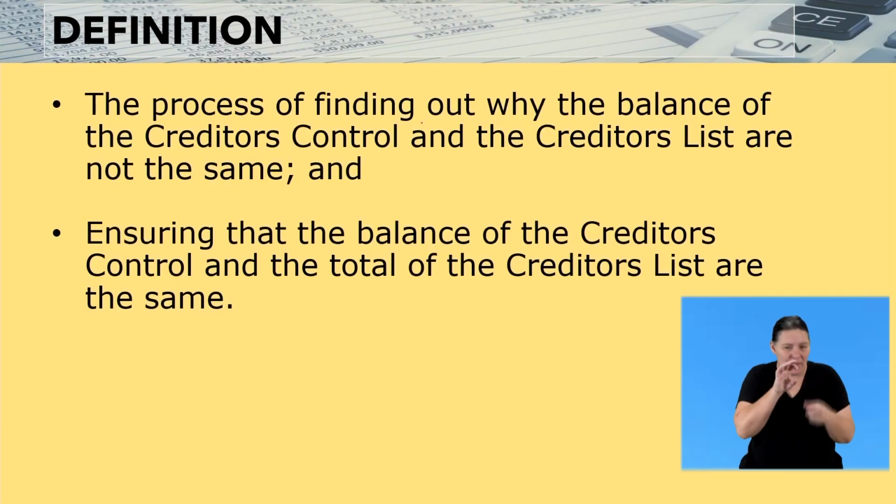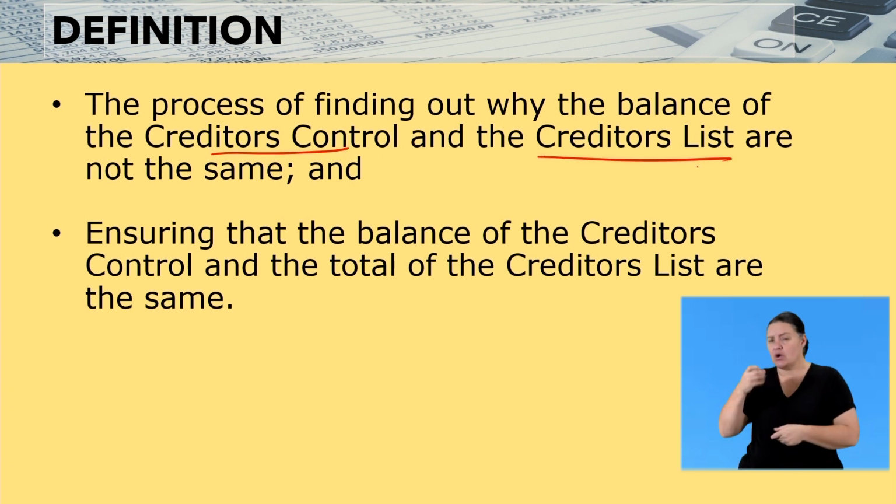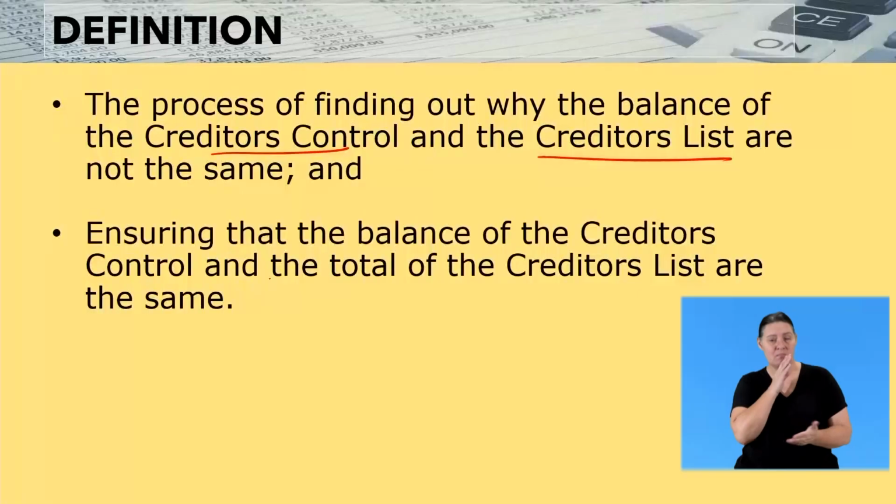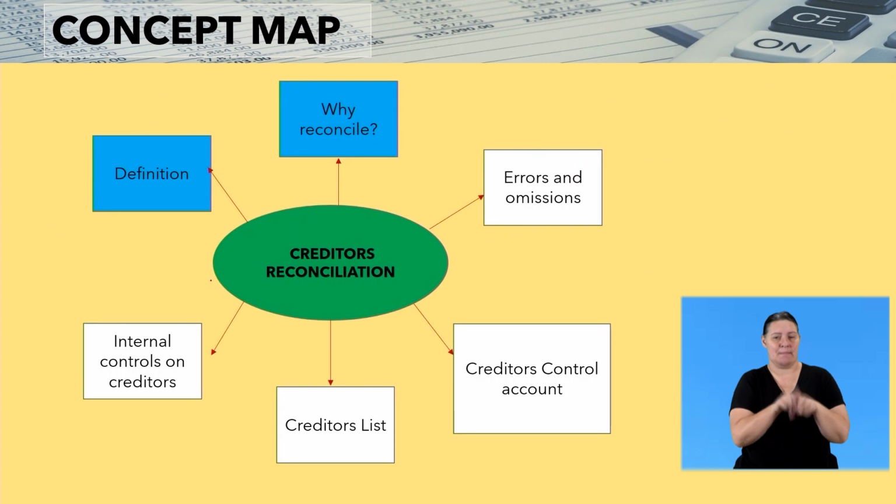The process of finding out why the balance of the creditors control and the creditors list are not the same. So when we discover that the creditors control account and the creditors list don't have the same balance, the process of us now finding out why they are not the same, that is reconciliation. Ensuring that the balance of the creditors control and the total of the creditors list are the same.